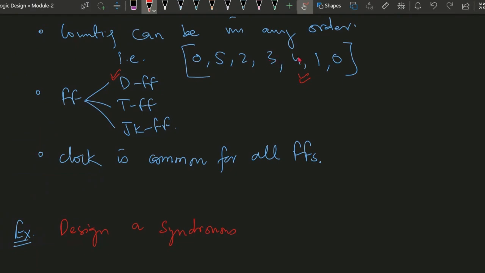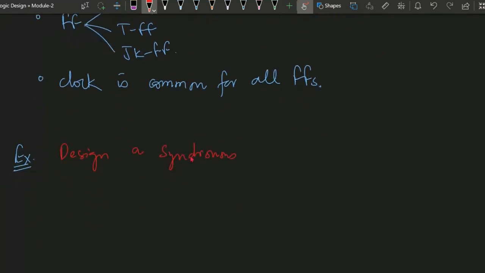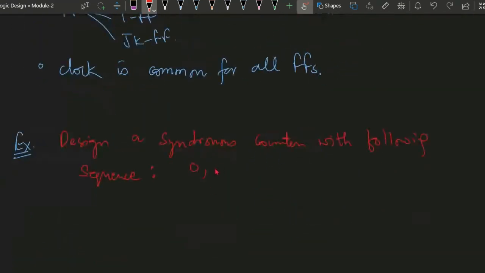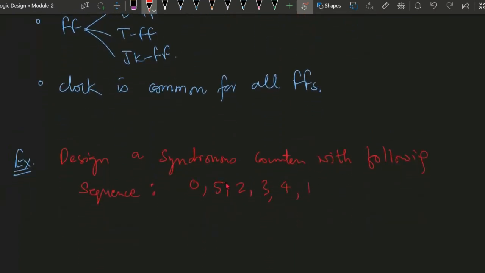After that the pattern is repeating. So unique states are 6. The sequence is 0, 5, 2, 3, 4, 1. So this is the sequence you need to design.